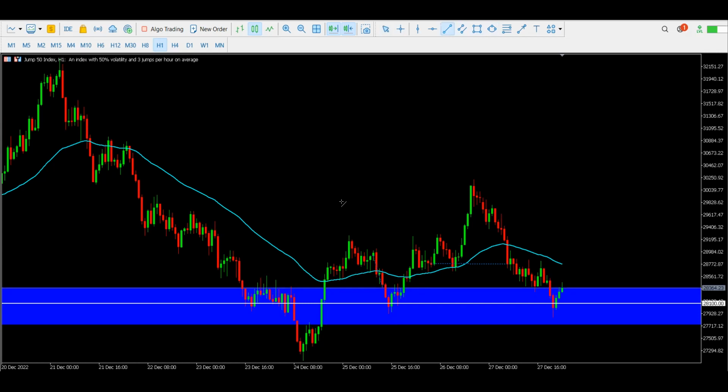Then we had ourselves, if you can see very well, an inverse 1-hourly head and shoulder pattern.